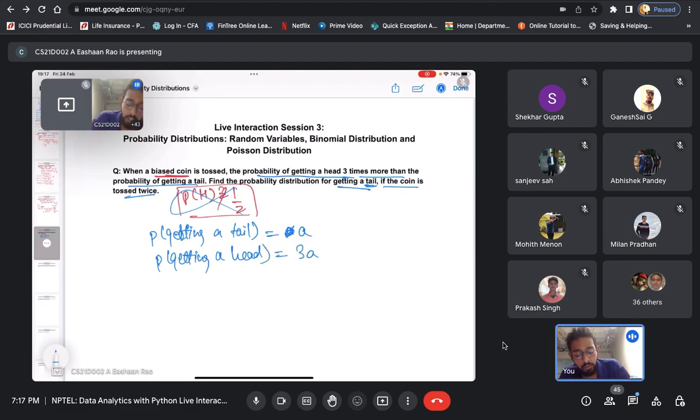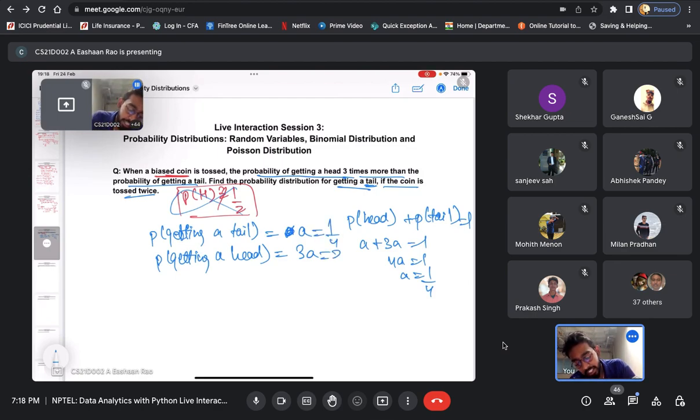Then if you add the probability of getting a head and the probability of getting a tail, it will be 1. So a plus 3a is equal to 1, 4a is equal to 1, a is equal to 1 by 4. So the probability of getting a tail is 1 by 4, and the probability of getting a head is 3 by 4.